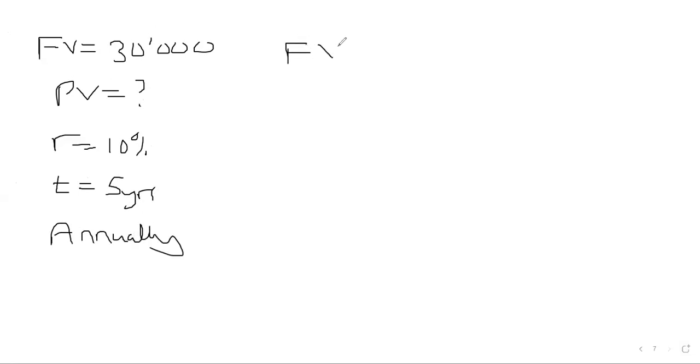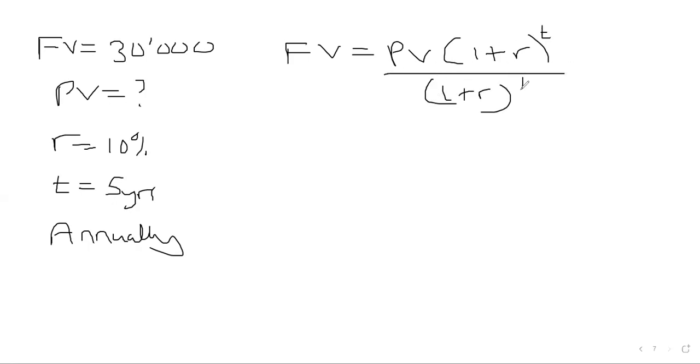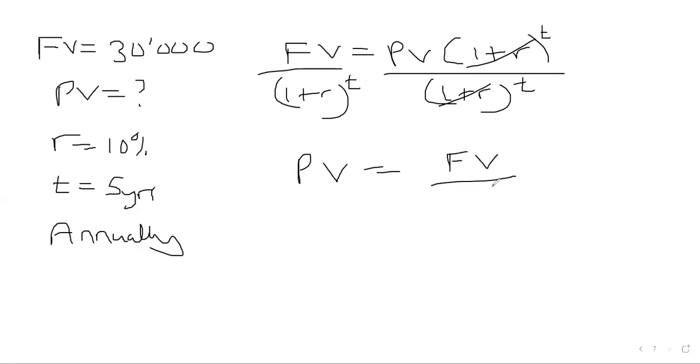So we know that future value is equal to present value times 1 plus R per time. So if you divide by 1 plus R per time, it gives us the present value to be the subject of the formula. So present value is equal to future value over 1 plus R per time.